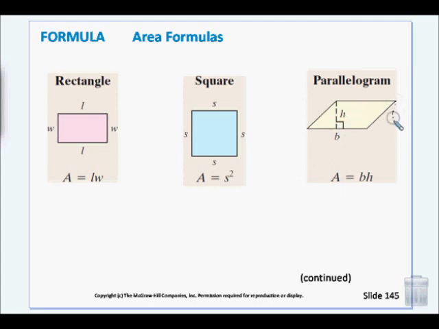Sometimes they put the height out here. But the height is always at a 90 degree angle. Also, they can draw it where this is the height and that's the base. But it's just base times height.